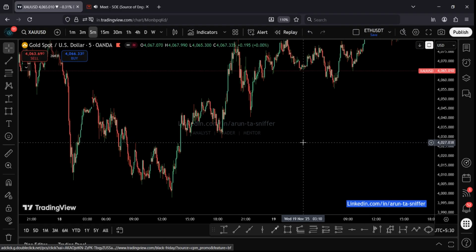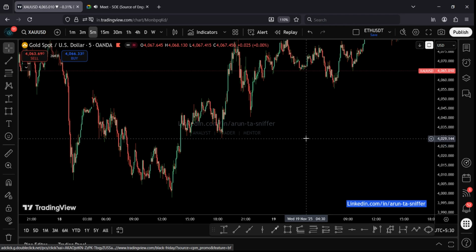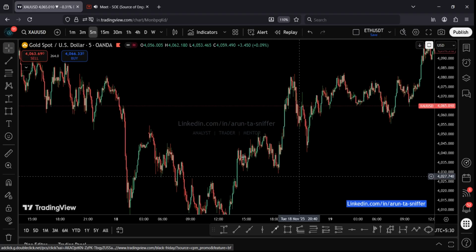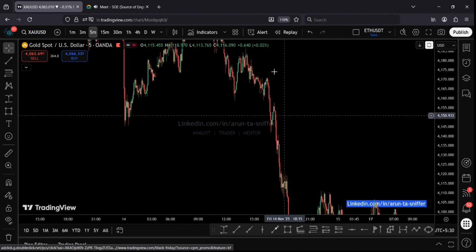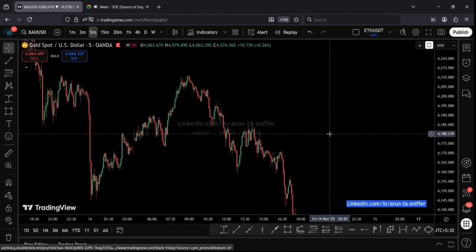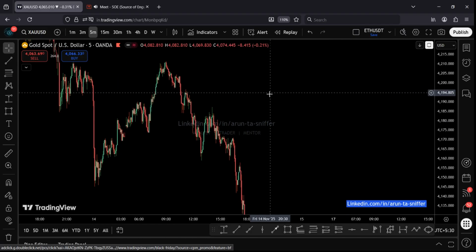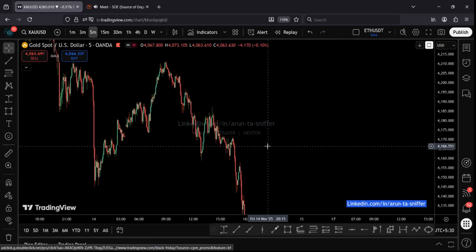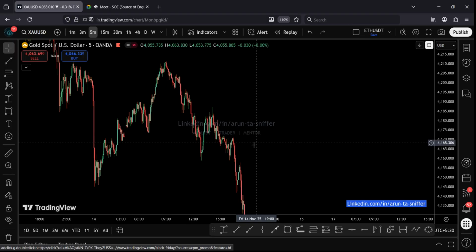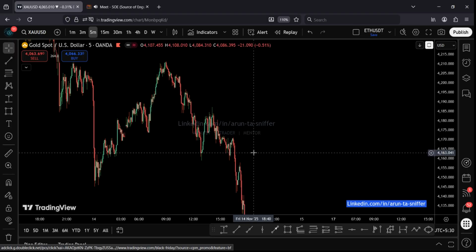Do we have any zone here? This one is hitting this, comes back. No, we do not have a clear example here. I'm searching for a clear example so you don't get confused. Not a clear example again.